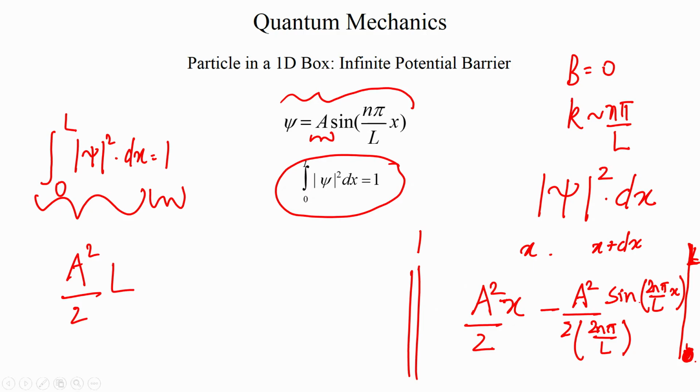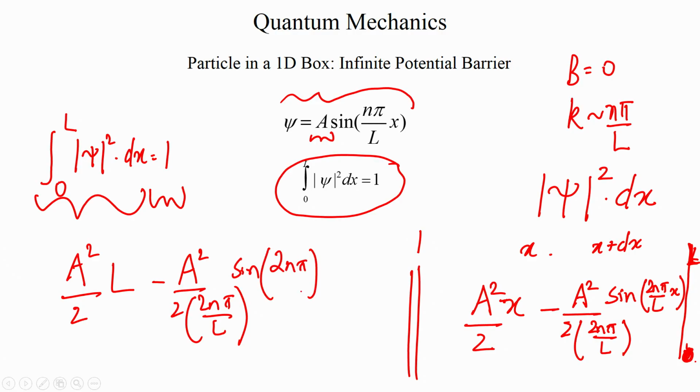And the second term, when I throw in an L there, you should get minus a square by 2 into 2n pi by L sine of 2n pi. And when I throw in a 0 there, I just get a 0. So minus 0. So this entire term must be equal to 1.